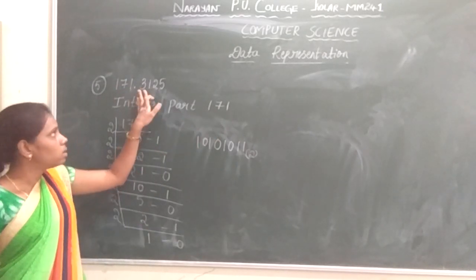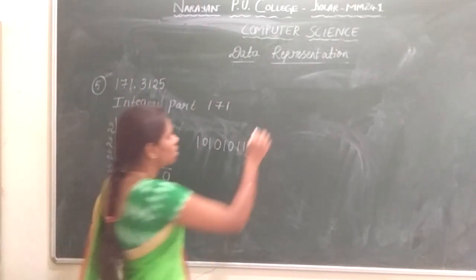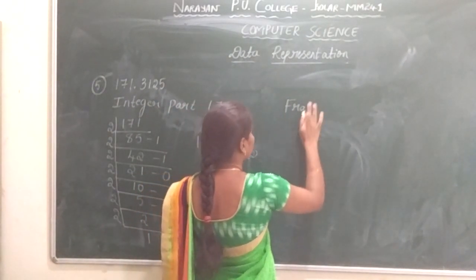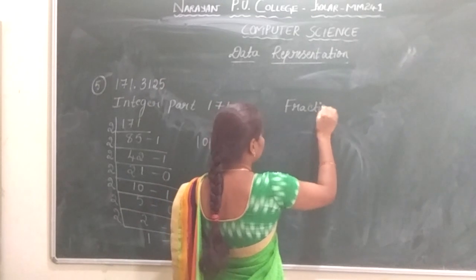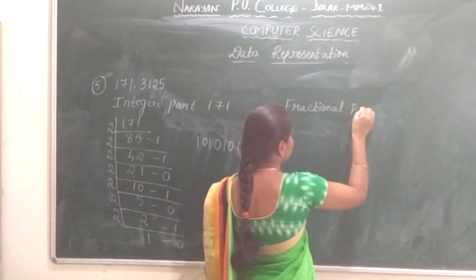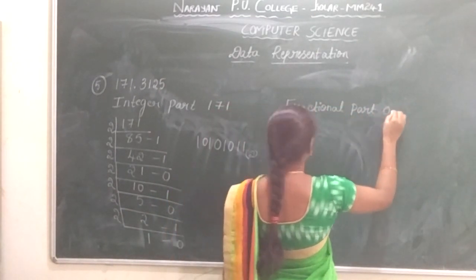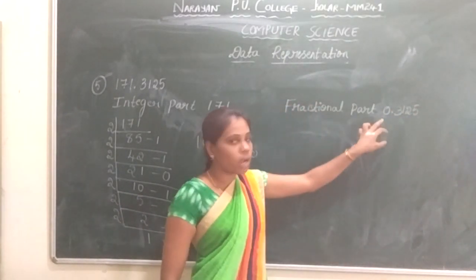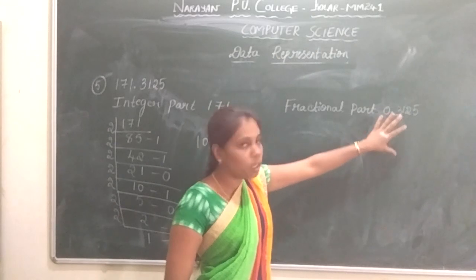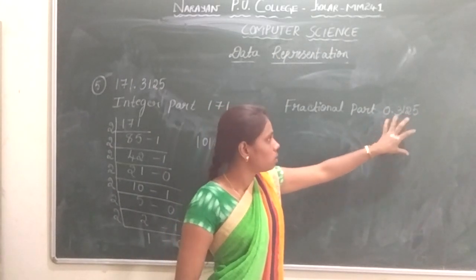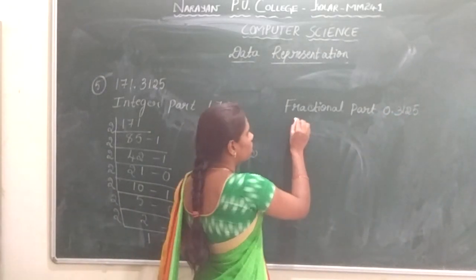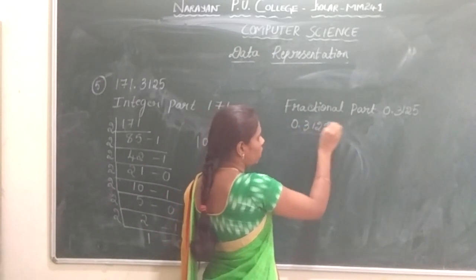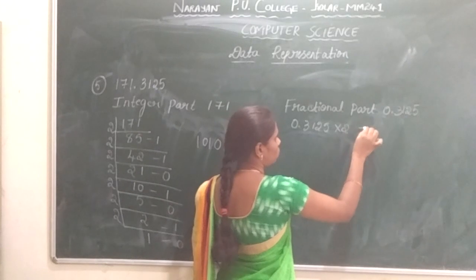Now we will take the fractional part, that is 0.3125. So this is the fractional part. Now we need to multiply this 0.3125 by 2.